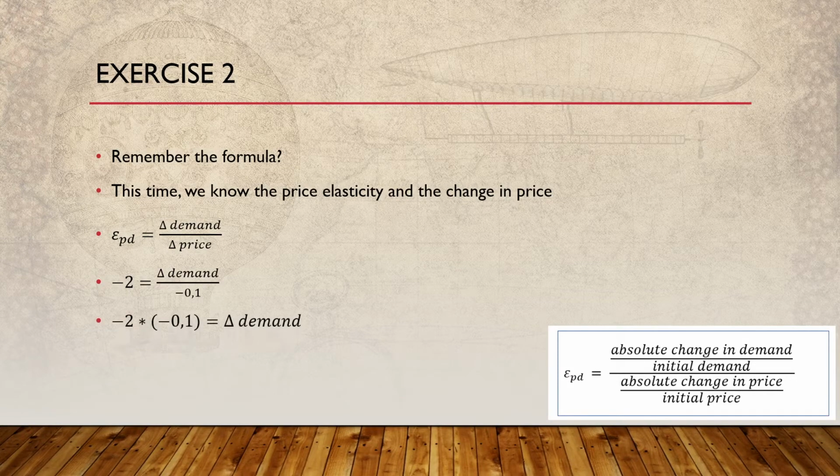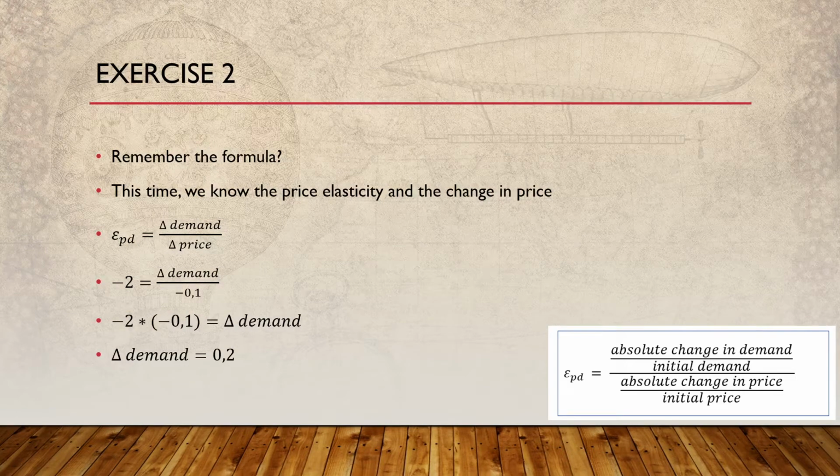I can put everything on the same denominator, and this will give me this in the end. That's it. So just put them on the same denominator and then we're there. The change in demand apparently is 0.2, which means we have a change of 20%, a positive number.